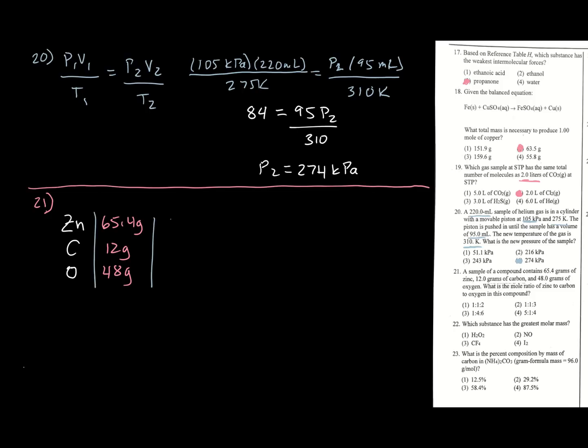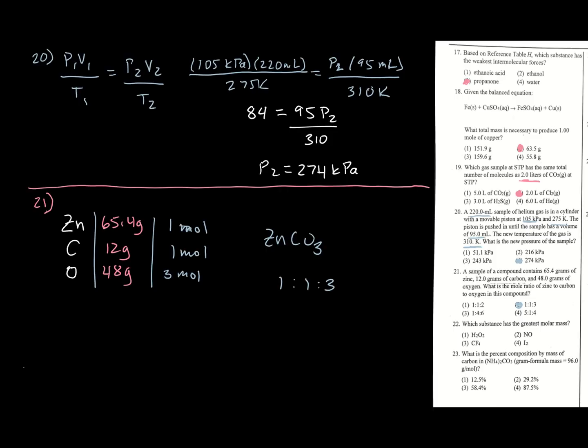So we're gonna get 1 mole over here because this matches its atomic mass, another 1 mole here, and voila, actually 48 divided by 16 will give us 3 moles of oxygen. So these are the mole ratios, zinc, carbon, and oxygen. So 1 to 1 to 3, choice 2, voila.